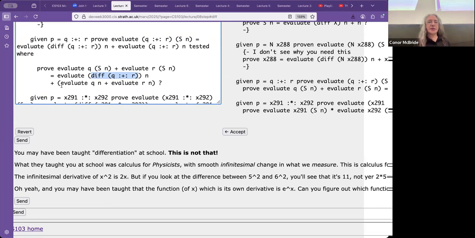But here we can see Q plus R evaluated at N. And here we are at least talking about Q evaluated at successor of N and R evaluated at successor of N. So even though we don't know what the diff is, what can we do? Do we know anything useful that might enable us to make progress in this proof? In particular, what do we know about Q? And what do we know about R?